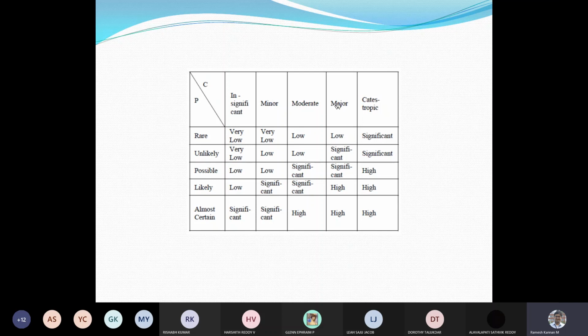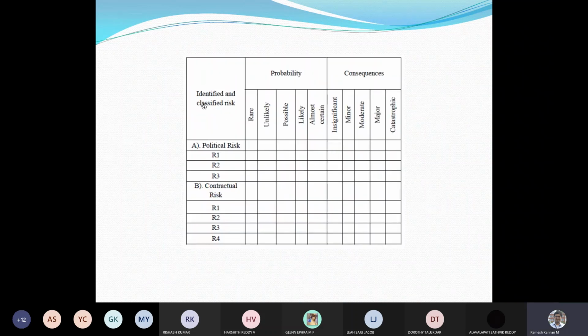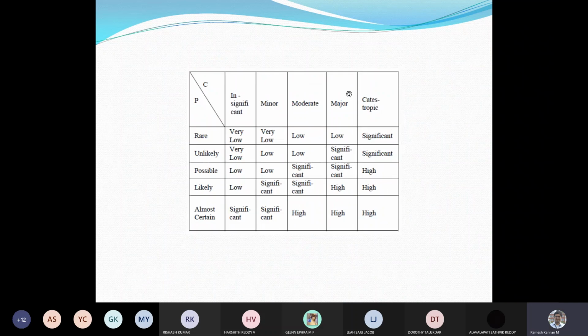And rare and major occurrence. You can see this is probability of occurrence, and this is the consequences. Rare but catastrophe will be very significant, so you need to really take a look at that.